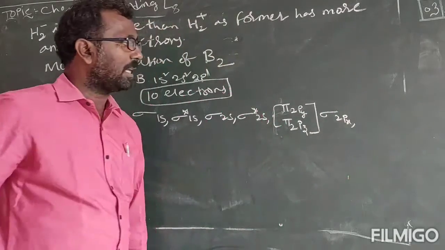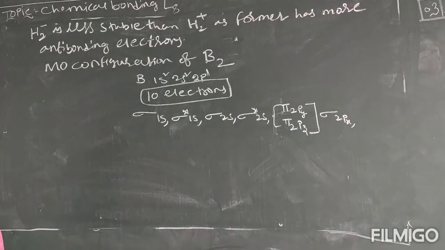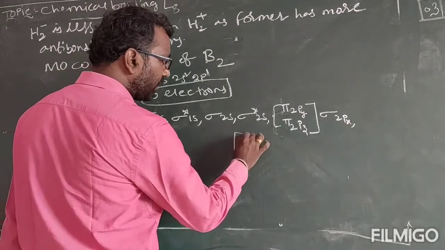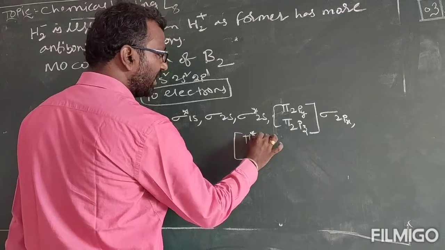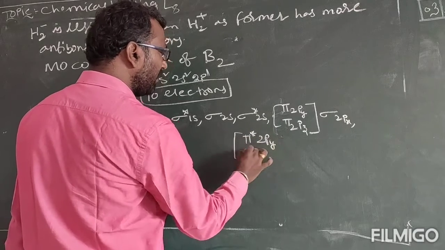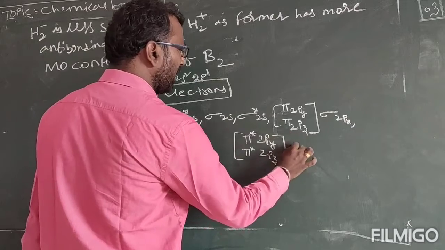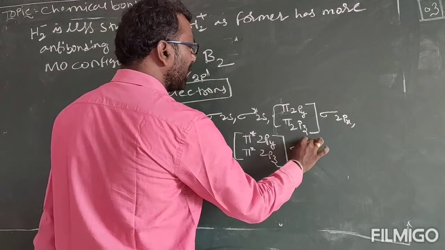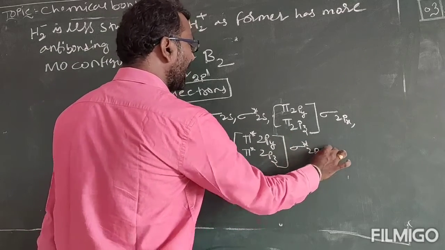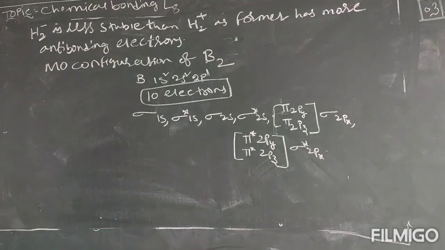Okay, that is sigma bonding. After this, we will again have pi anti-bonding orbitals. These are pi star 2py and pi star 2pz and sigma star 2px. So these are the things we have.